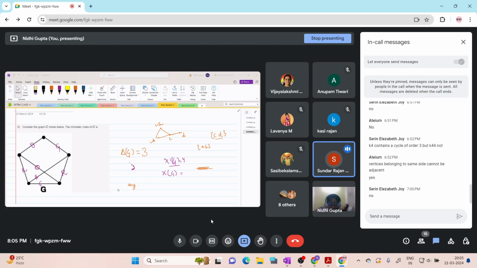We start with an unmatched vertex and end with an unmatched vertex. That's all. AB here is one edge, which is possible.